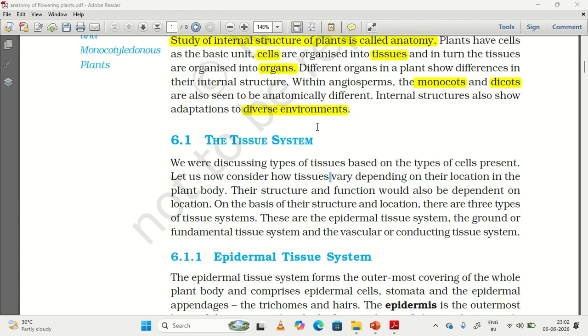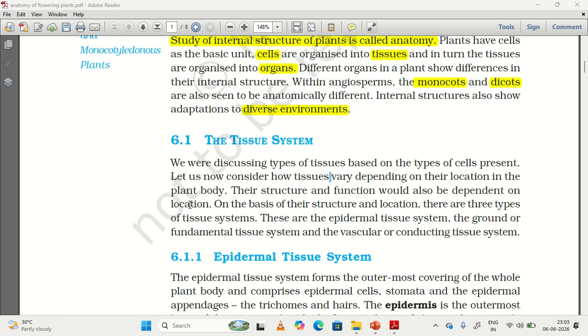The tissue system. Earlier we have discussed the types of tissues based on the types of cells present. If we consider how tissues vary depending on their location in the plant body, the structure and function would also depend on the location.